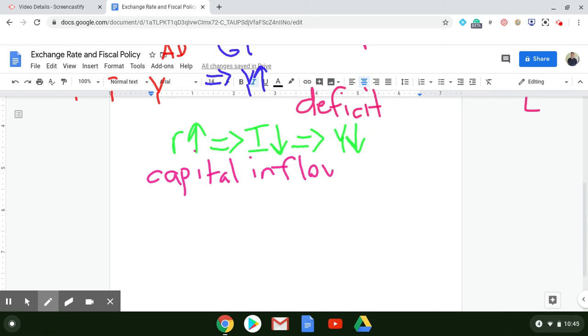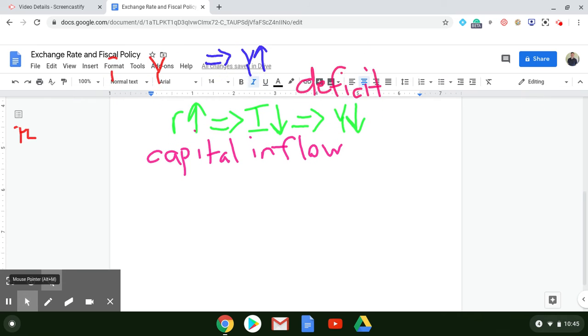People with savings in other countries will find it more lucrative, or have a higher rate of return, to take their money and put it into this country. And because they do that, it's going to affect our exchange rate. So let's look at it real quick.